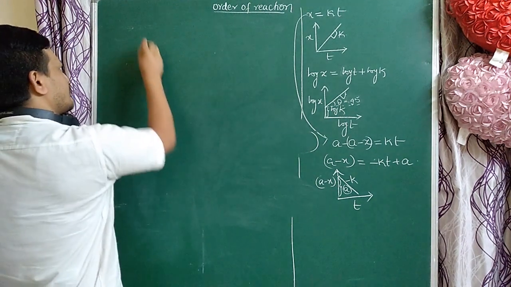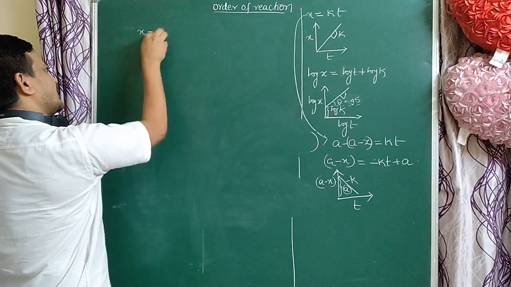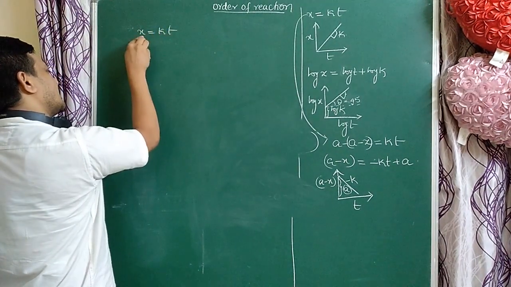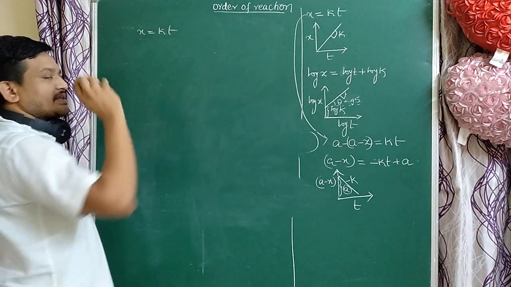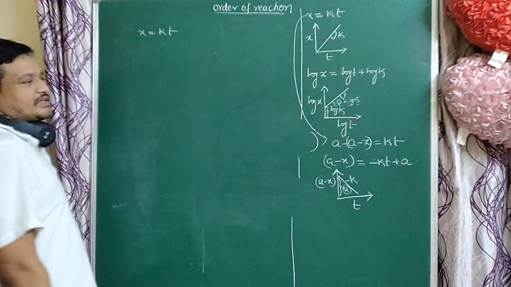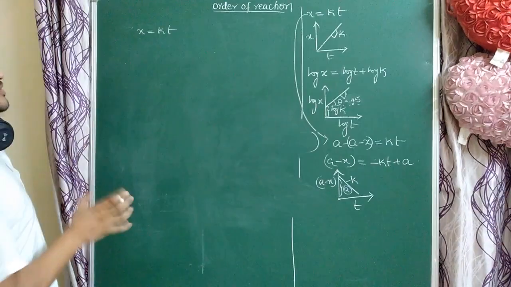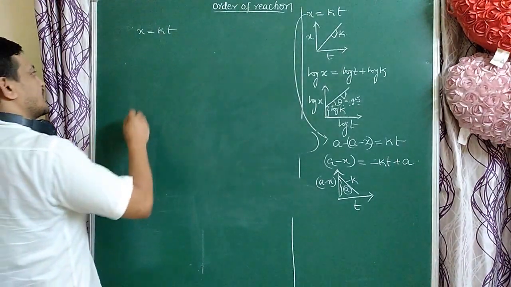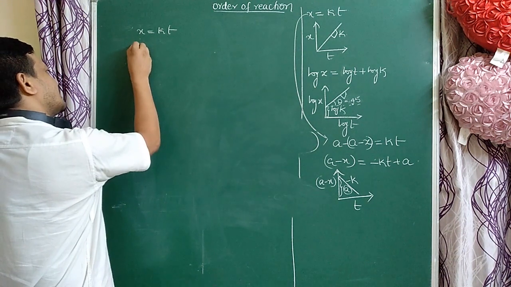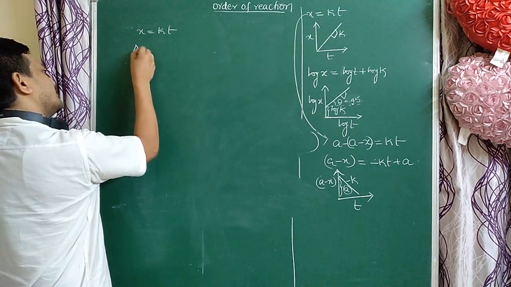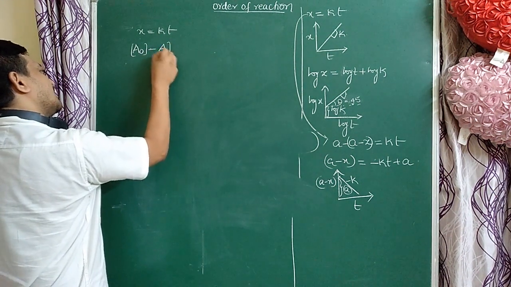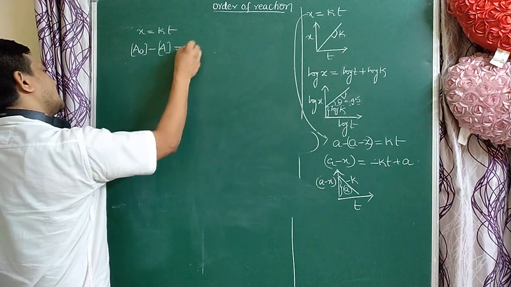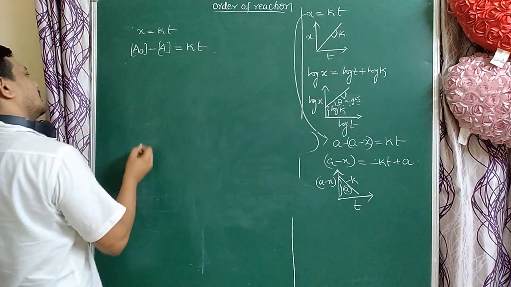So x equal to kt. Here x means remaining concentration or consumed concentration. X is a consumed concentration. How do we get it? Initial A naught minus remaining A, capital A, equals kt.